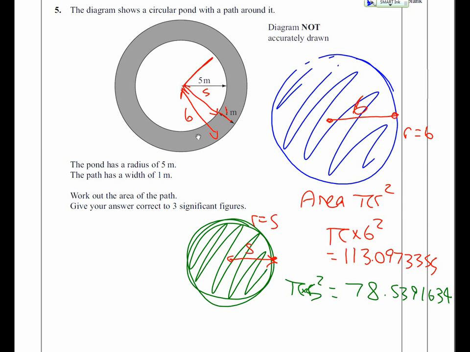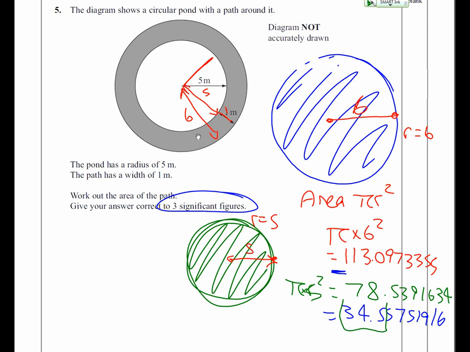Now you're going to take that away from this, so 113.0973355, being far too accurate, take away the answer because I kept it in my calculator. 34.55751916.